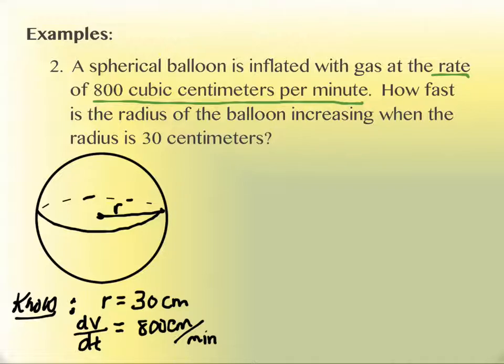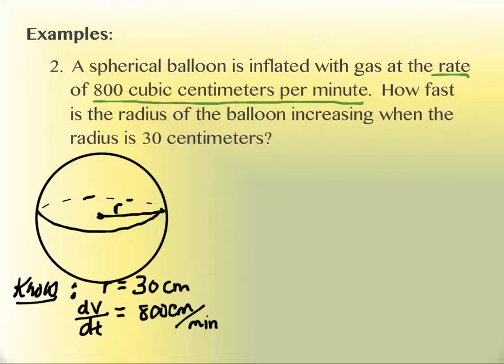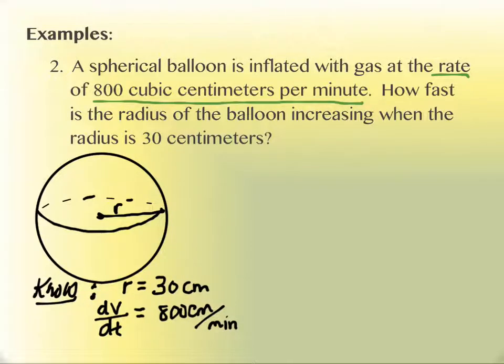What are we looking for? What is it we want to find? How fast the radius is doing something. So what quantity is that in terms of these notations? It's a rate, right? So something over dt. It would be dr dt because it's the radius that we're changing.